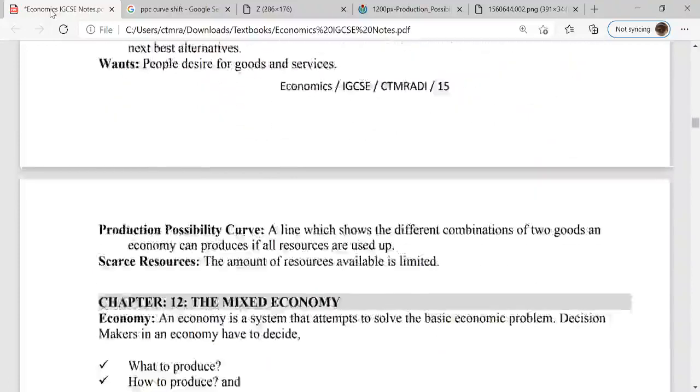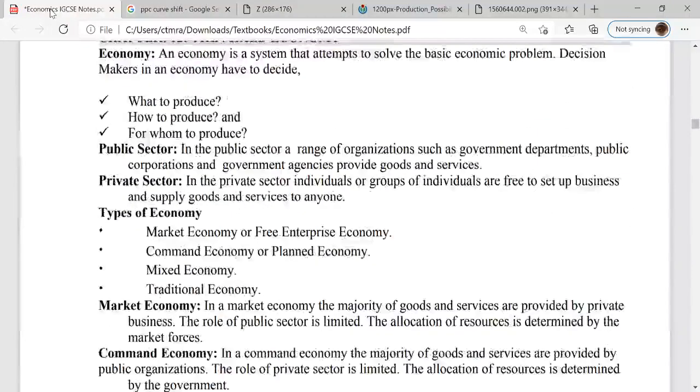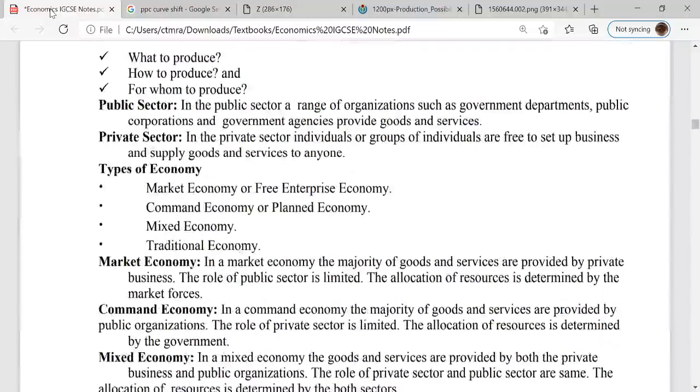Moving forward, there are two types of sectors: public sector and private sector. Public sector means resources are produced by the government or state, and the resources are owned and controlled by the government.